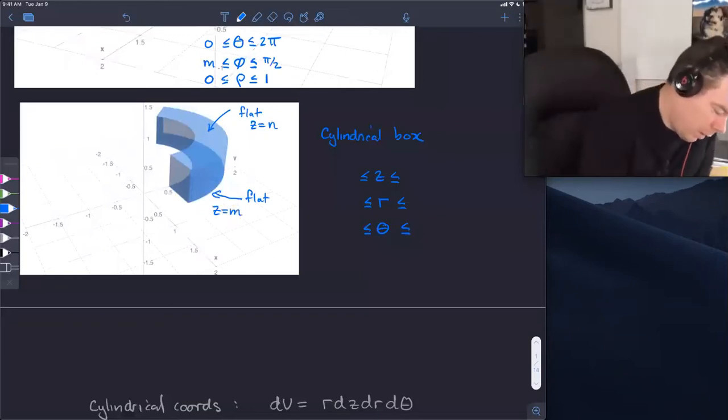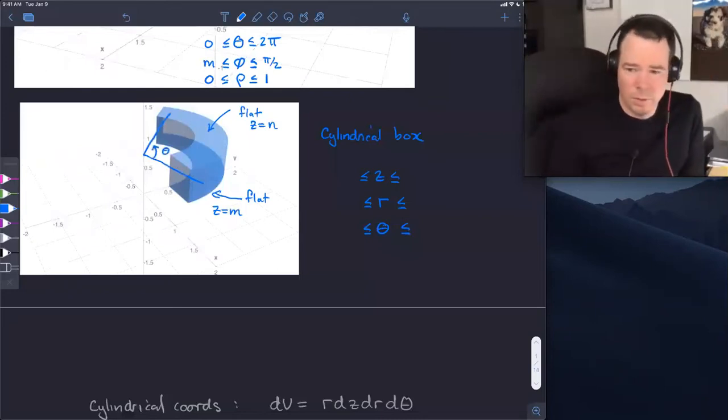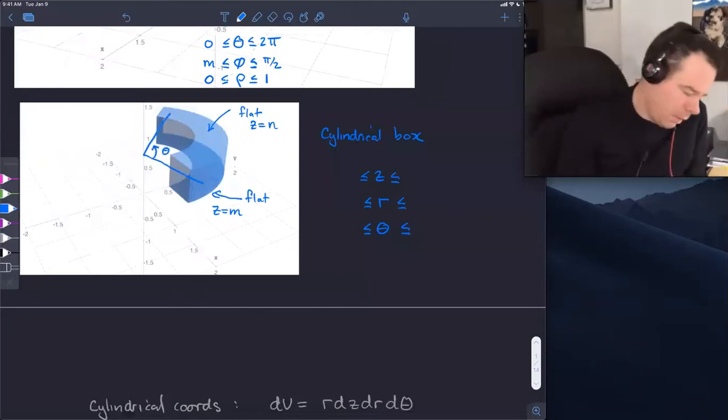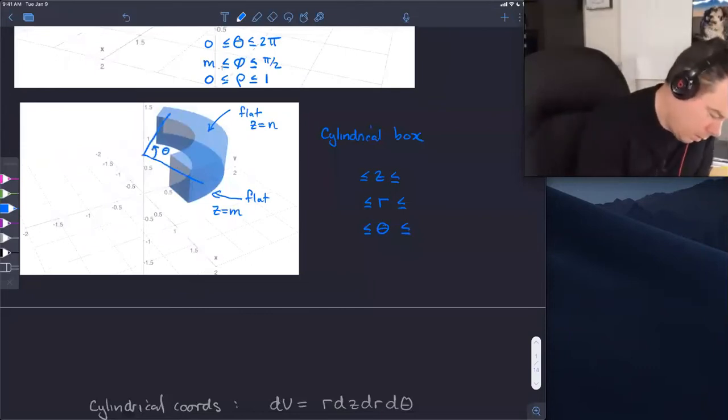What are our R values and our theta values? Well, our theta value is running over all of these values here. So theta gets to run over all of those values. And our R value looks like it's trapped between two different values as well.